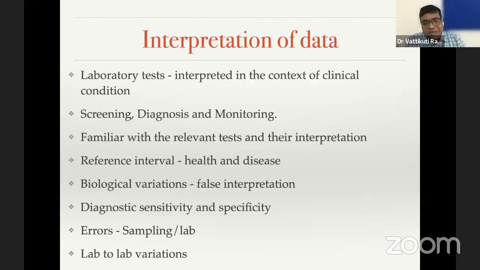And you also need to know the sensitivity and the specificity of the specific diagnostic test you are asking for. And one of the most important things I want to stress here is errors. Errors are very common in the ICU, and there are multiple ways an error can happen when you are sending a lab.